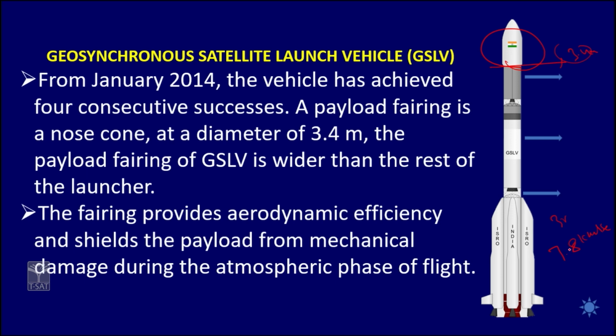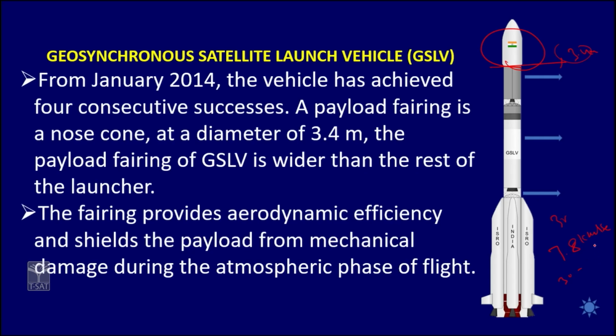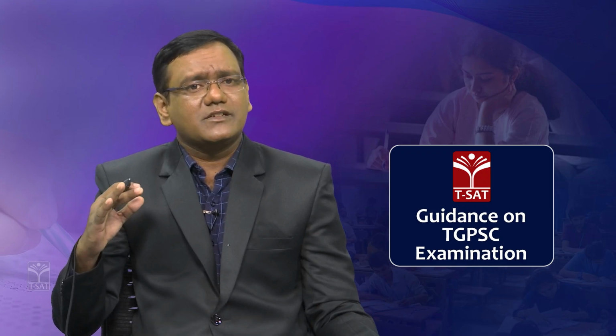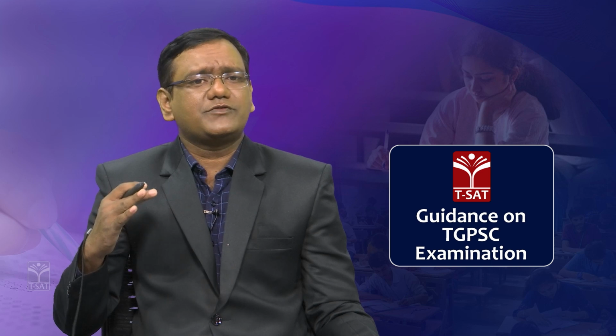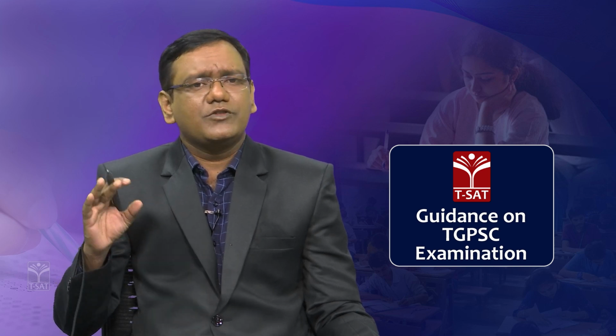Since it moves so fast, it also generates heat, sometimes reaching 3000 to 4000 degrees Celsius. So this satellite should have a shield also. In order to safeguard the entire payload from this mechanical damage, we use this fairing part.